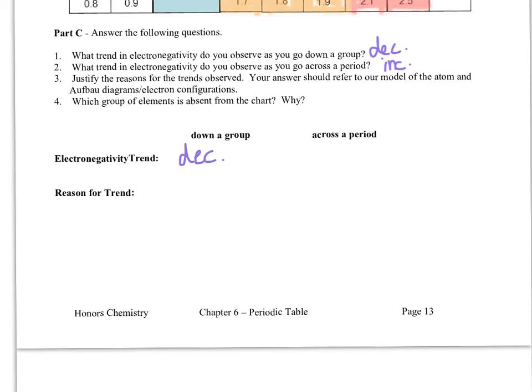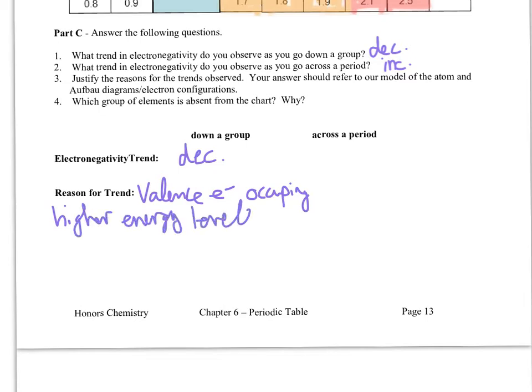Even though you have more protons in the nucleus, you do have your additional electrons, or your valence electrons, occupying higher energy levels, and so therefore more shielding.